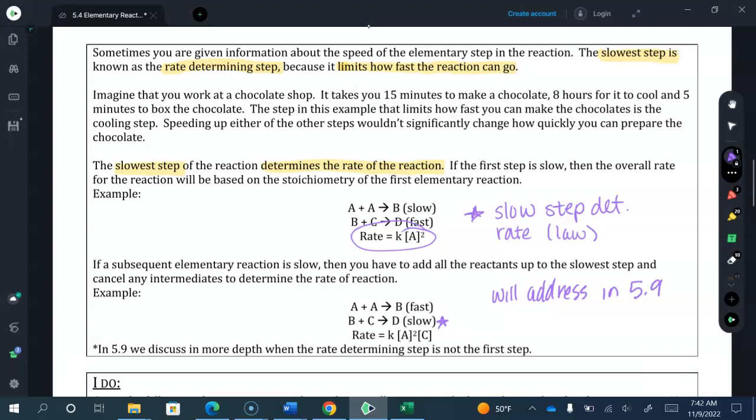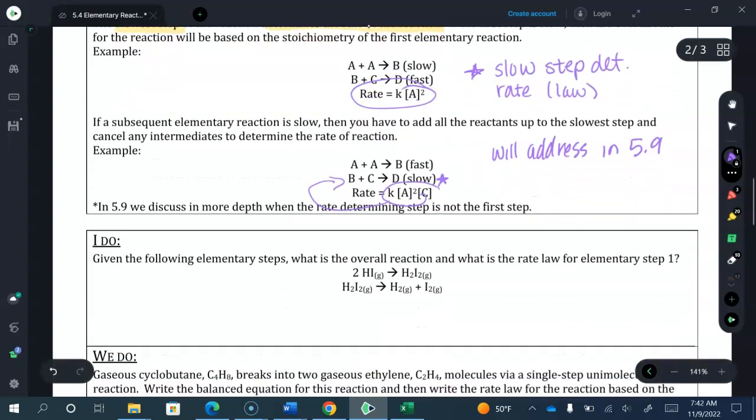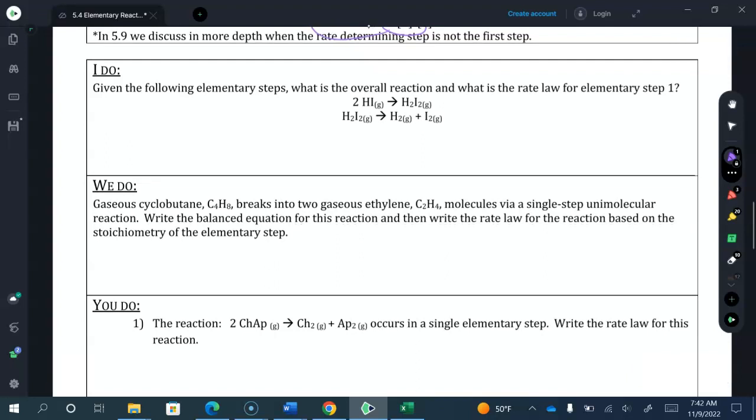Okay. So we aren't going to look at how do we do this yet, because notice this does not mirror your slow step. There's a way to do it, but that is for a later video. Okay, so let's look at how we can do this.